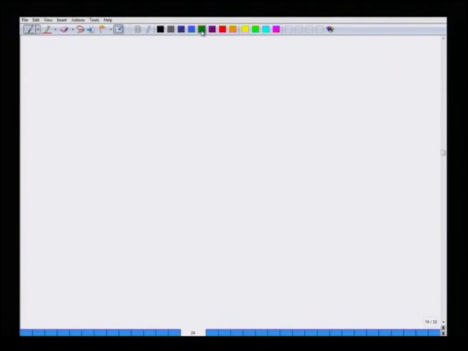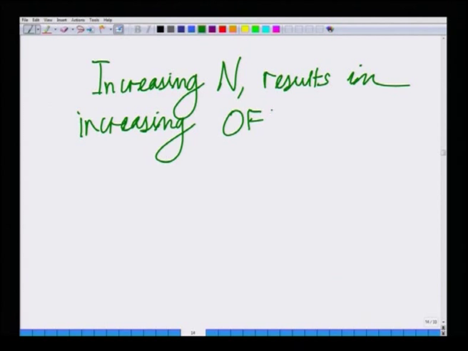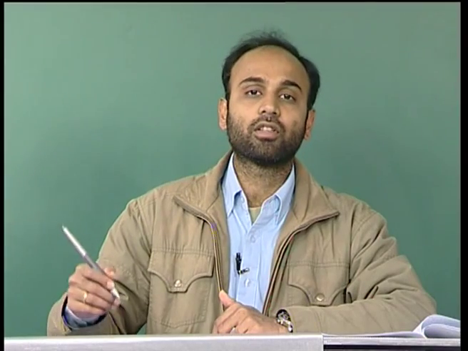Hence, we can also think of increasing N as resulting in an increasing OFDM symbol time, which compensates for the ISI.